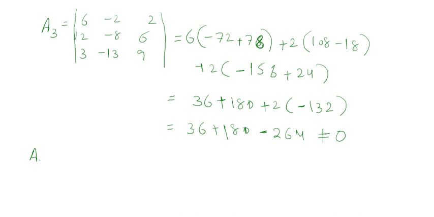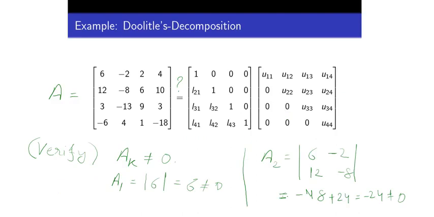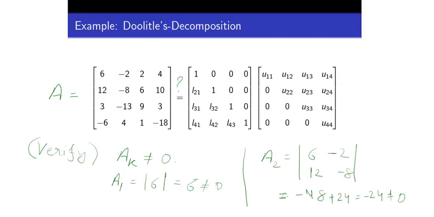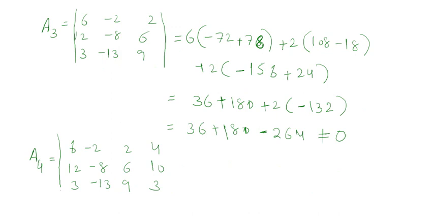You can verify: 6 minus 2 2, 12 minus 8 6, 3 minus 13 9, 4 10 3, and the last row is minus 6 4 1, 1 minus 18.